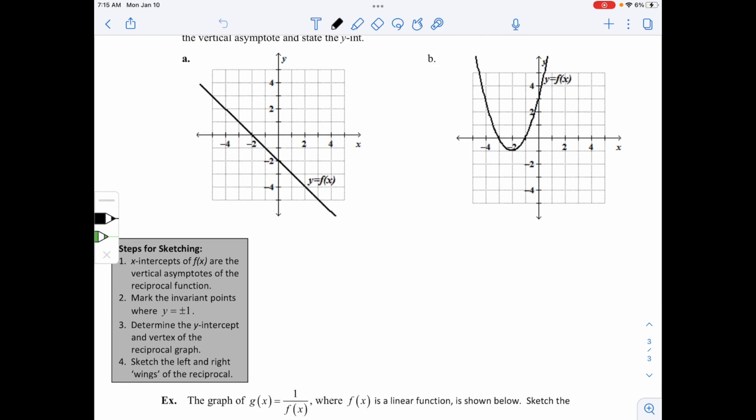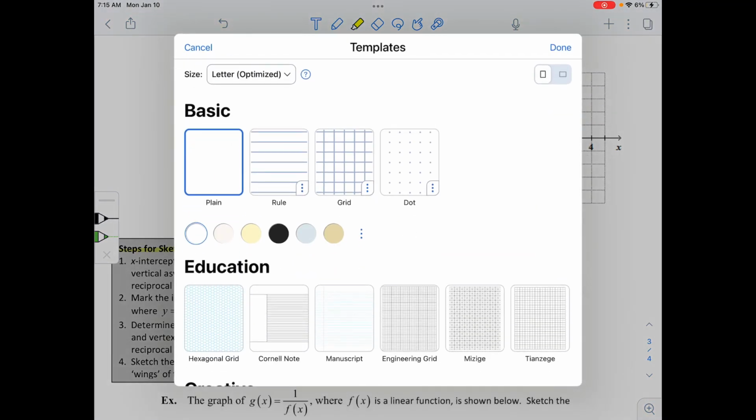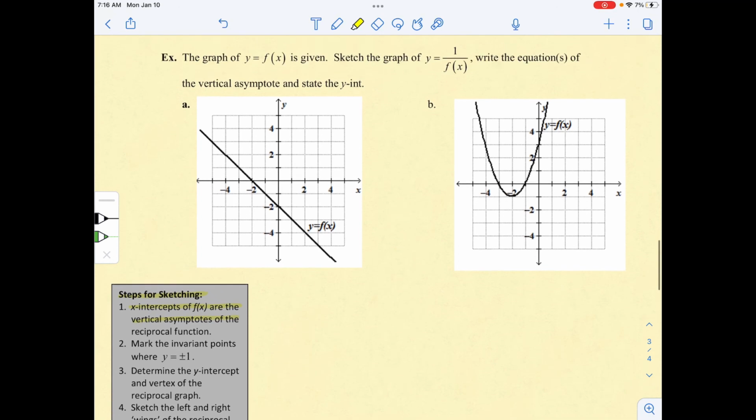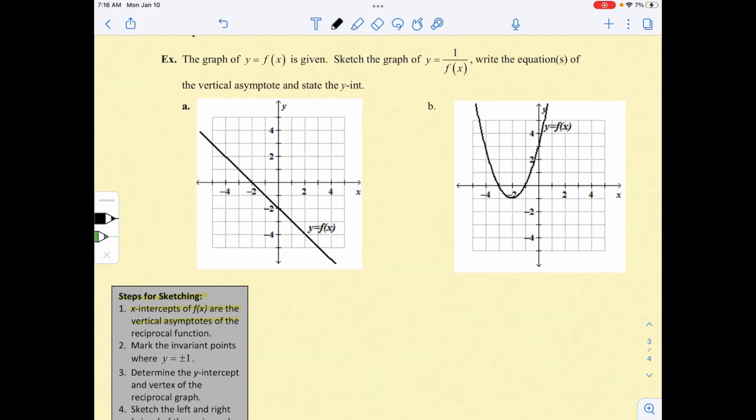So what I'm going to do is start with the steps for sketching. I'm just going to change my template here. The first thing I want to do is note that the x-intercepts are the vertical asymptotes. At the point up here at (-2, 0), the reciprocal would be undefined.